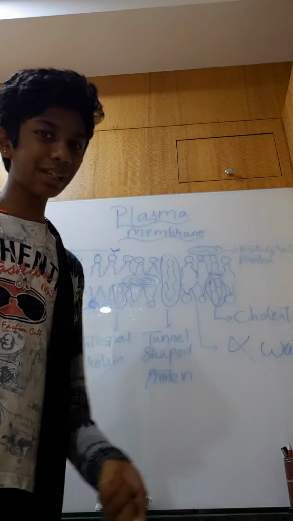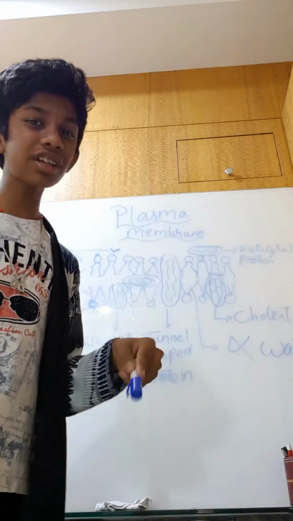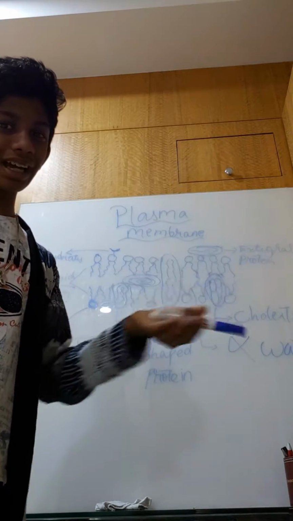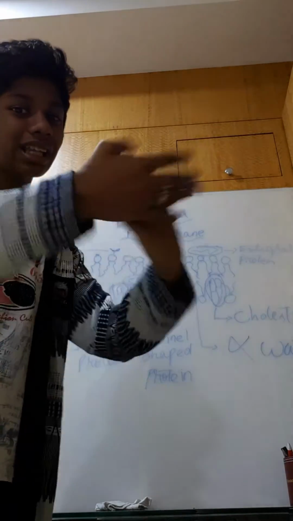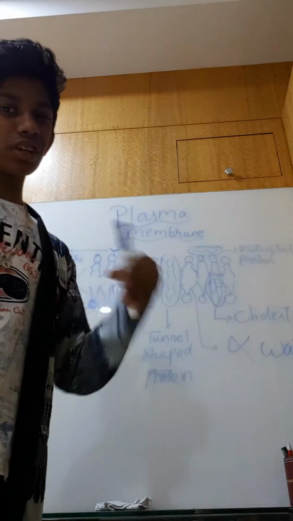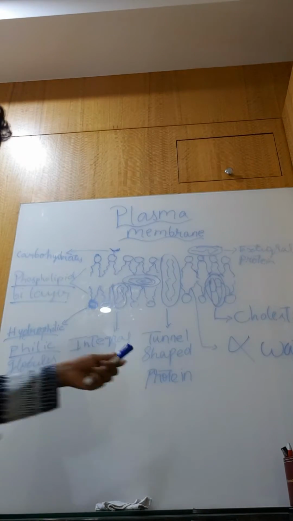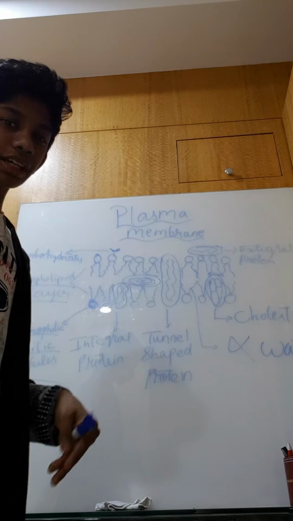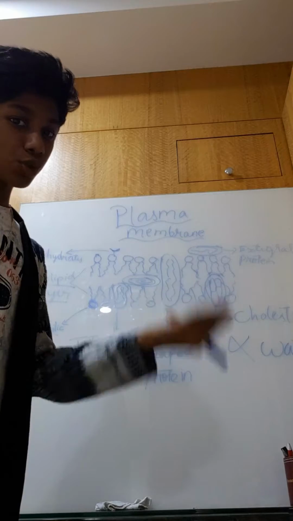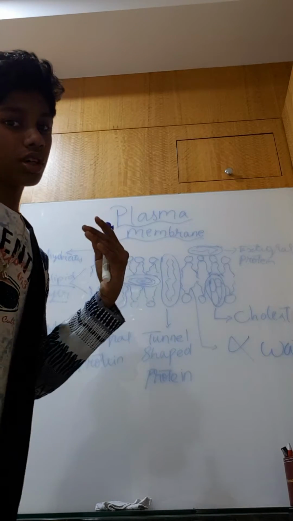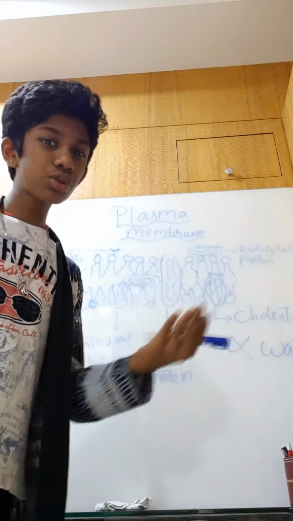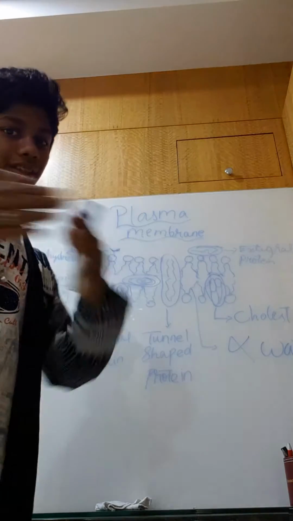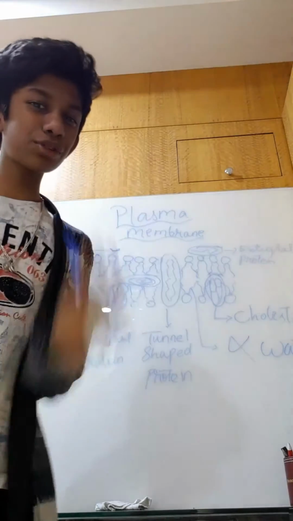Phagocytosis is taking solid particles inside the cell, like an amoeba taking in a bacterium, digesting it and expelling the waste outside. Pinocytosis is like drinking water: it takes in fluids like sugars such as fructose and glucose.